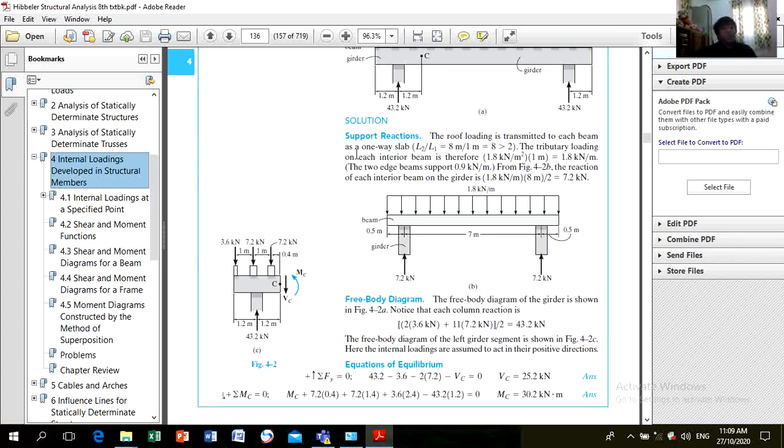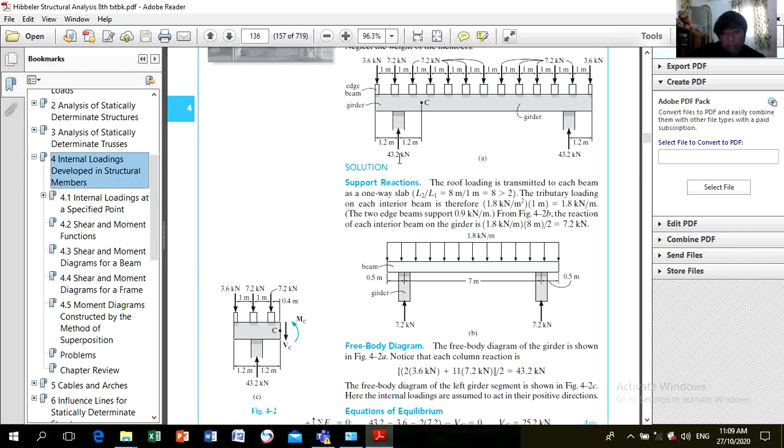So the total load carried by each column is 43.2 kilonewtons.